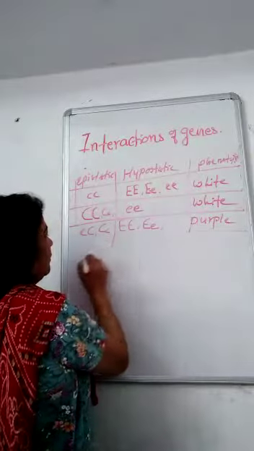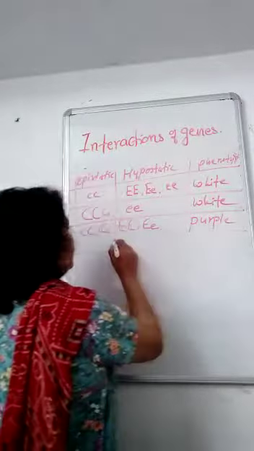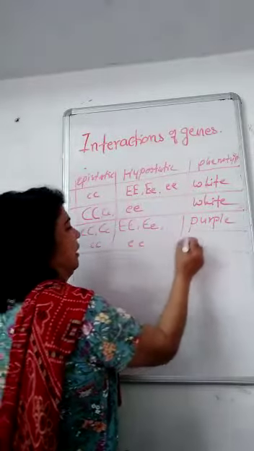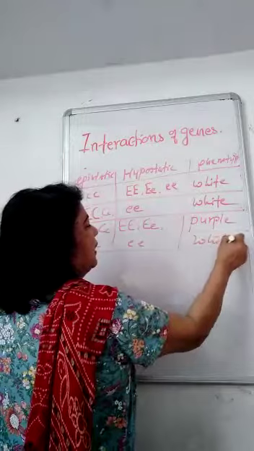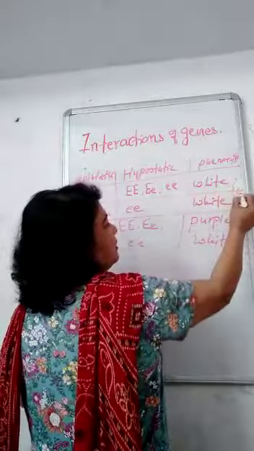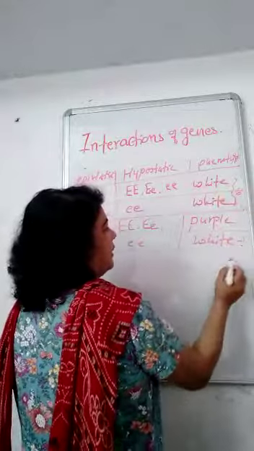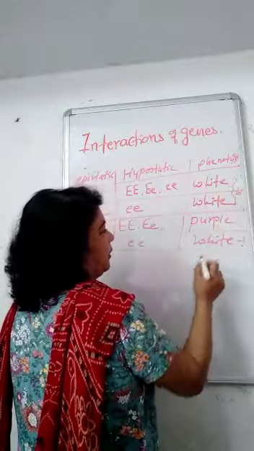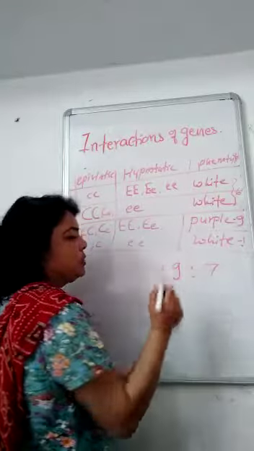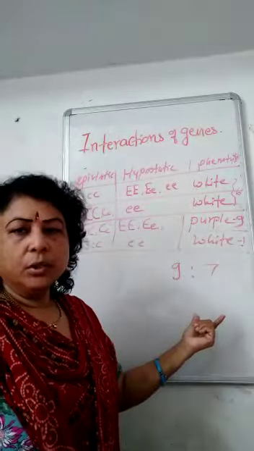And when both these are in recessive condition, it again produces white. So the white is 7, and purple is 9. So 9:7 ratio it will produce.